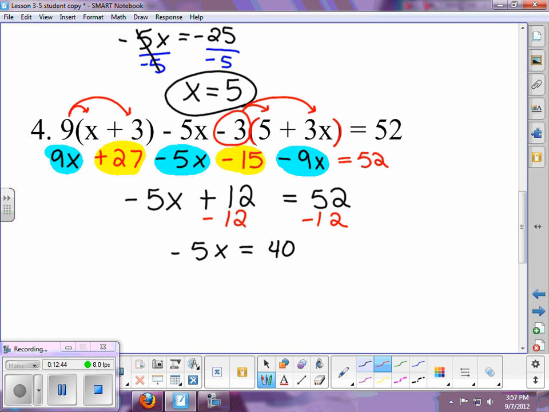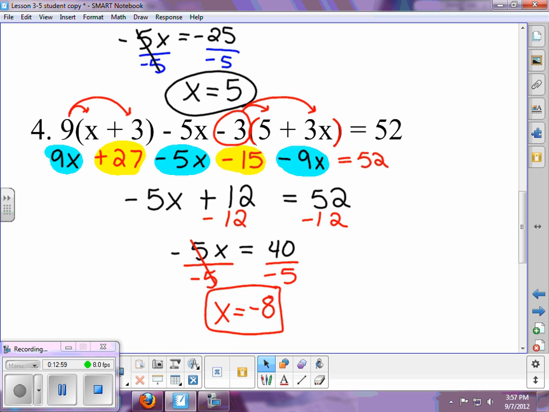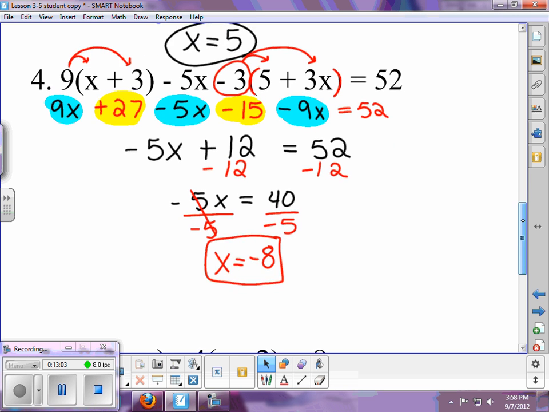Our last step is to divide both sides by negative 5. And x equals negative 8. Yay! Almost done. It looks like I have about 2 more minutes of my time, so we'll see how far we get.